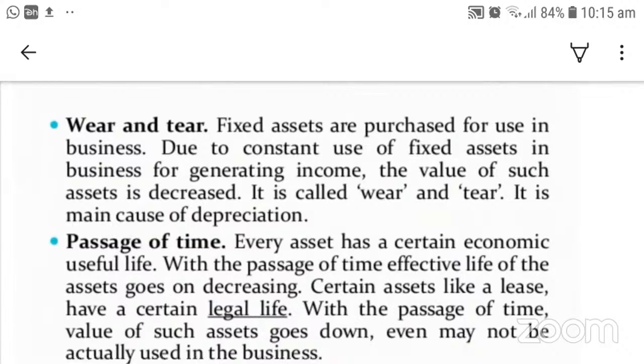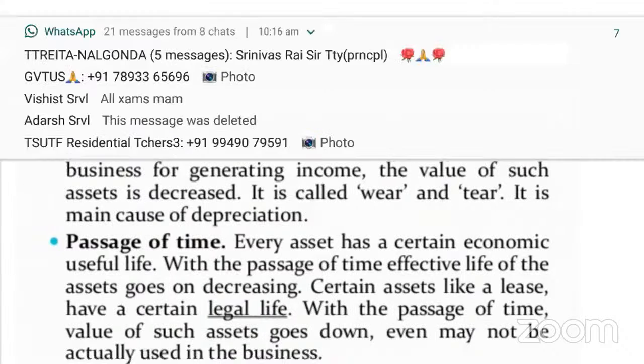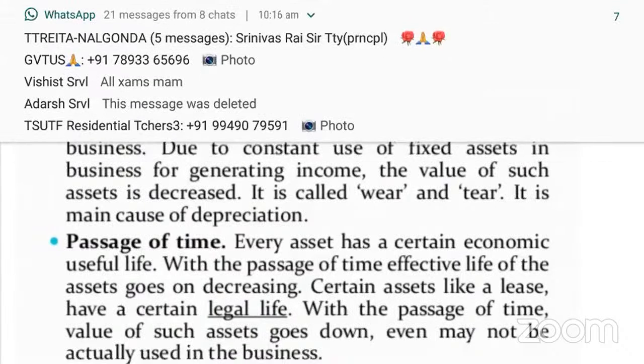With the passage of time, value of such assets goes down, even if they may not be actually used in the business. Otherwise, day by day, even without using it, the asset value will decrease.